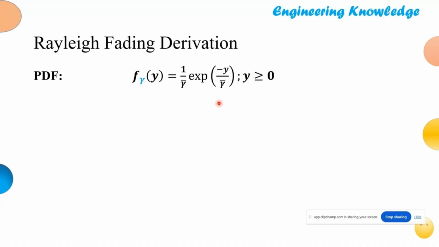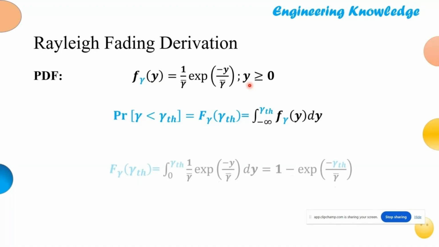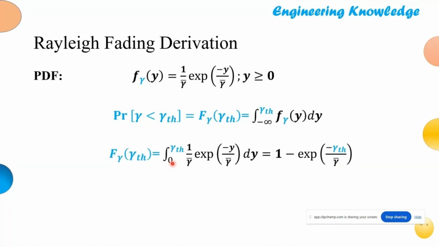Therefore, using our definition of outage probability, the probability of instantaneous signal to noise ratio falling below the threshold SNR is the CDF computed at gamma th, which is the integration from minus infinity to gamma th of f of y dy, where we'll use this Rayleigh distribution PDF. The integration will now be only over positive values, so it starts from 0 to gamma th of 1 upon gamma bar exponential of minus y upon gamma bar dy.